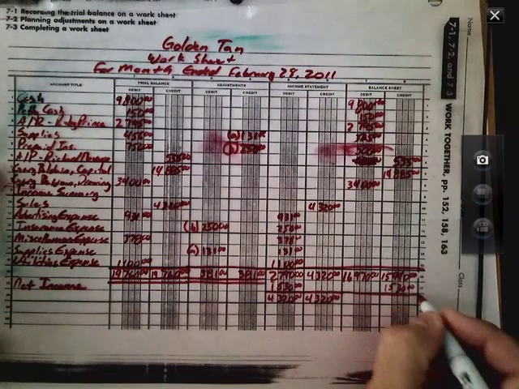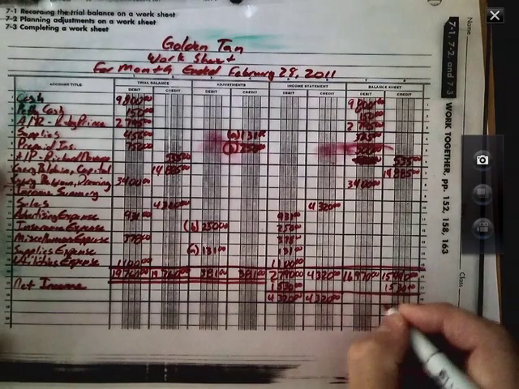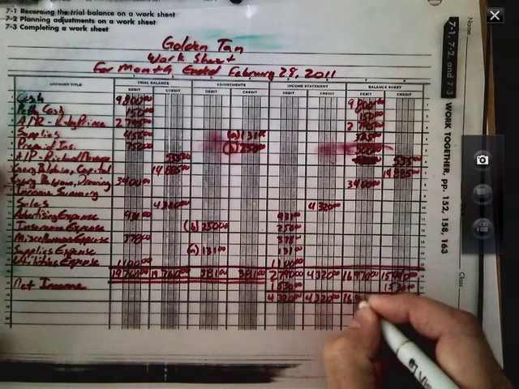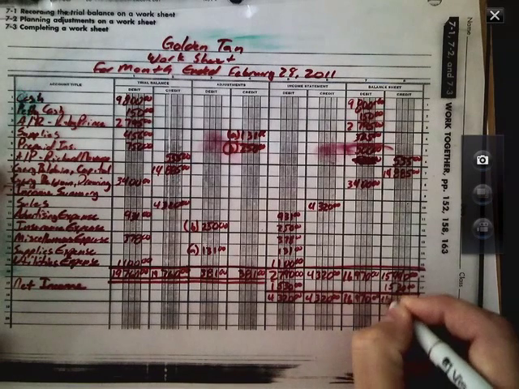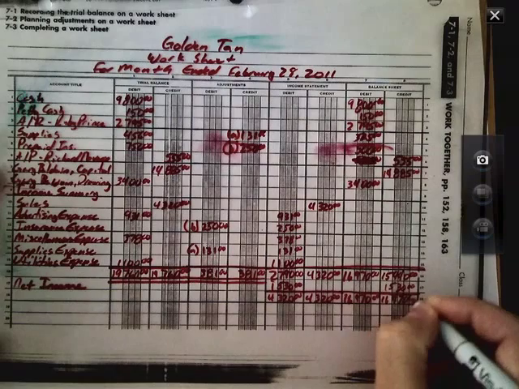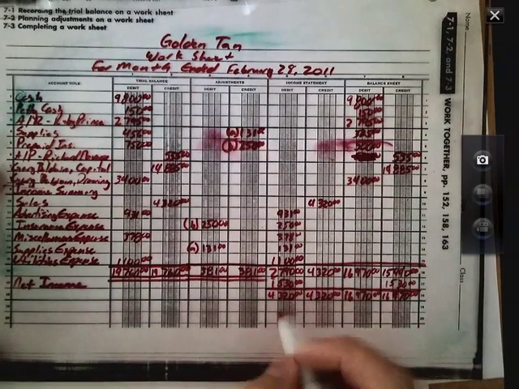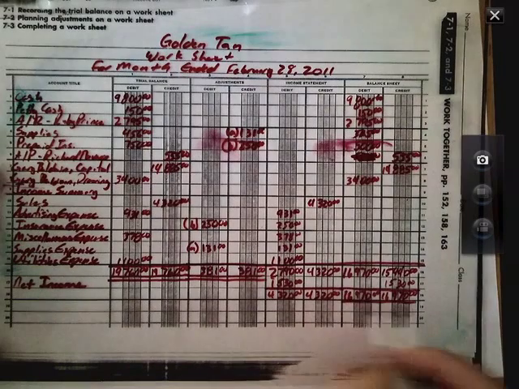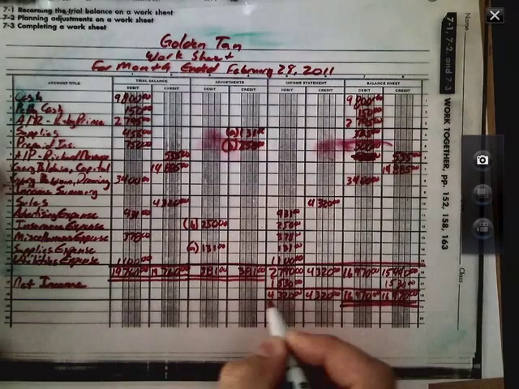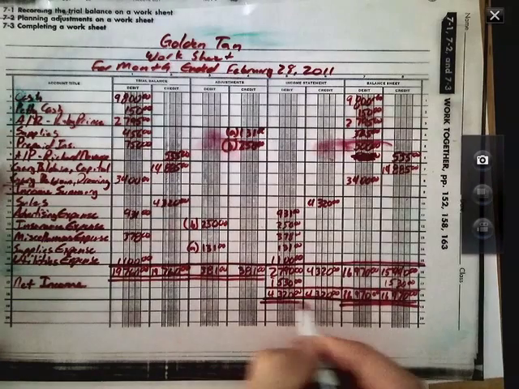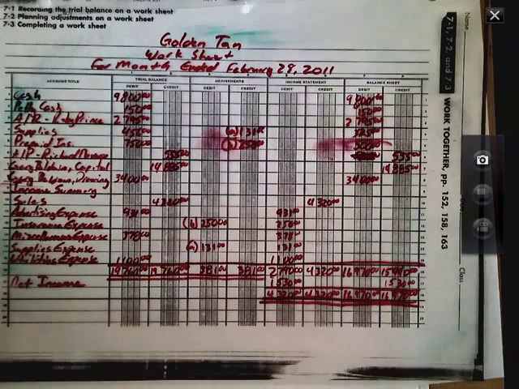We add that up, and that gives us 16,970. Well, what do you know? That happens to be the same as the balance sheet debit column. So those two are the same. Double rule. You've just completed the worksheet.